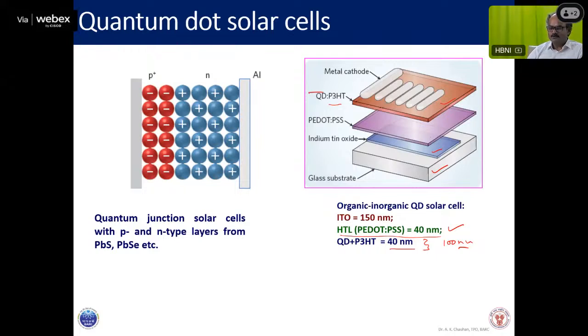So typically, if you know the basics of a dye-sensitized solar cell, then perovskite and quantum dots are almost similar. The only thing is the sensitizer is different. I have not gone into much detail on quantum dot solar cells, presuming that you have understood the concept.